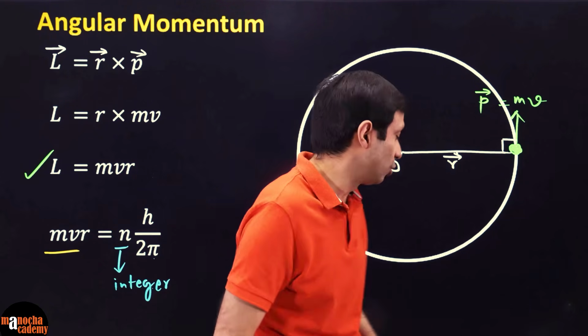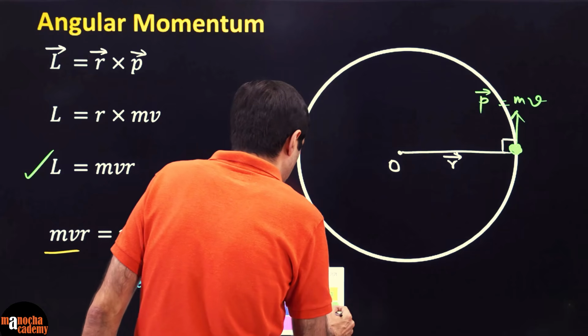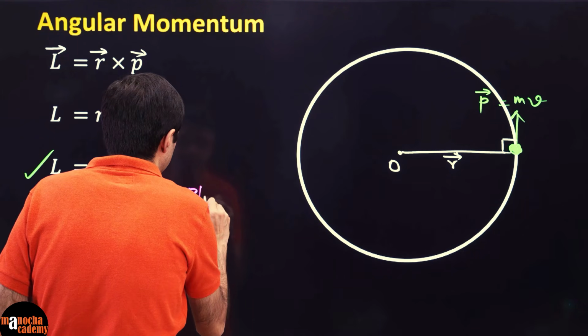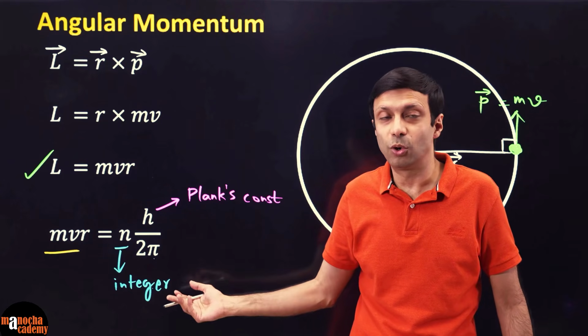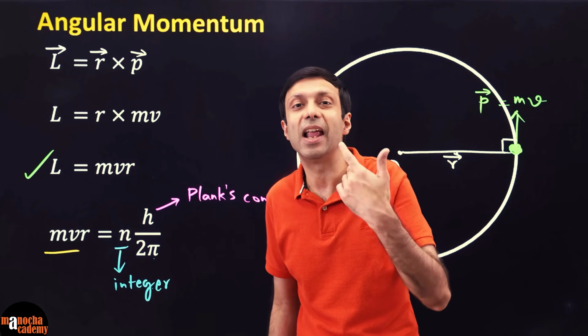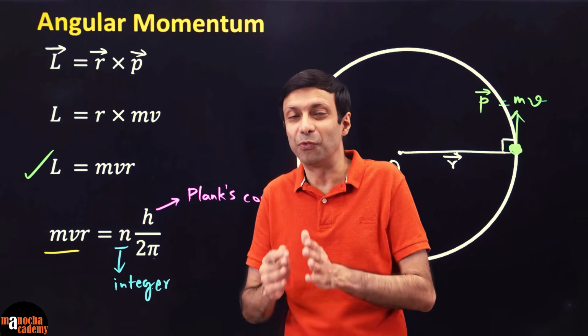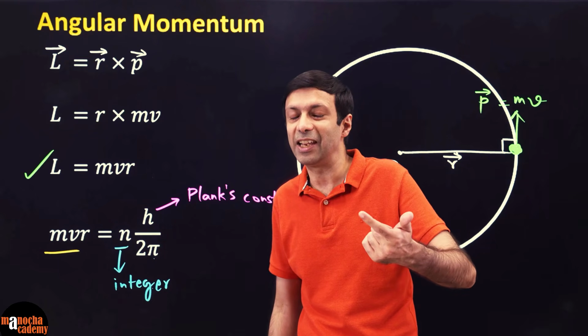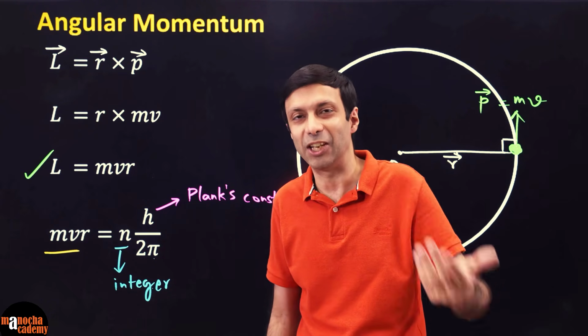Okay. And let's also note down what these are. As I told you, h is Planck's constant. Pi you guys know. And this n integer is basically the shell number. For the first shell, n equals 1. For the second shell, n equals 2. For the third shell, n equals 3.